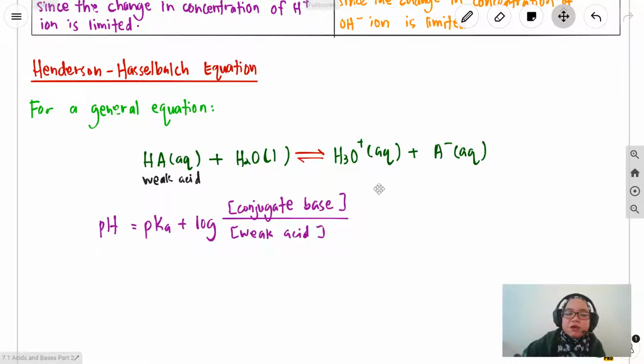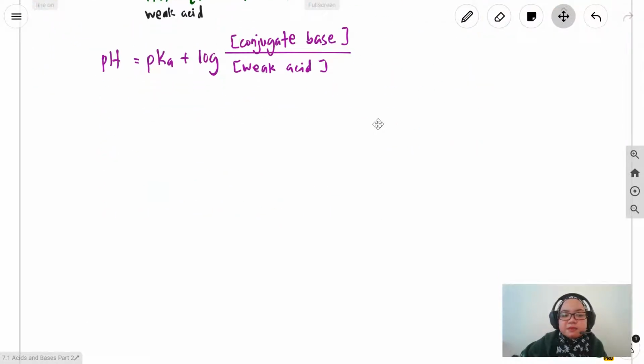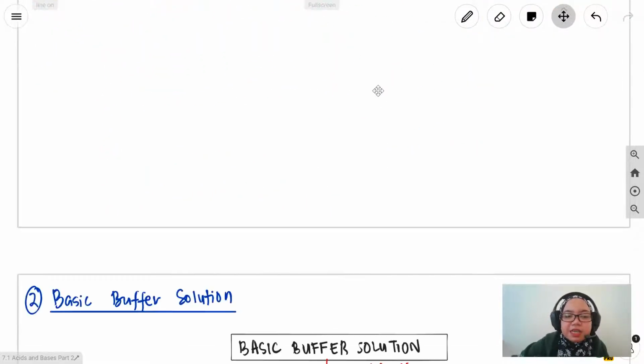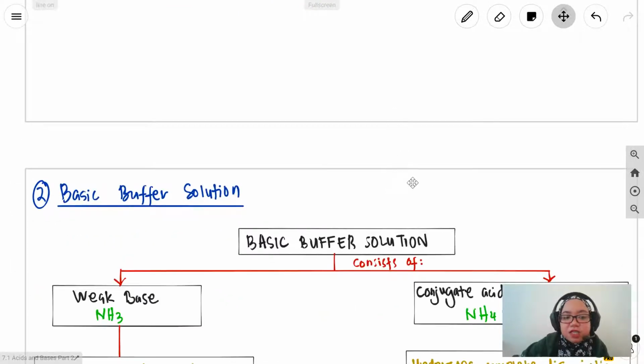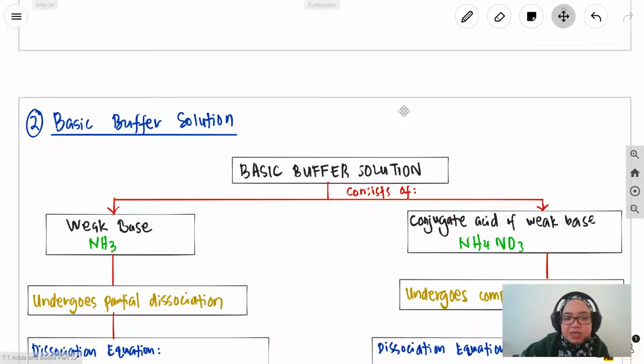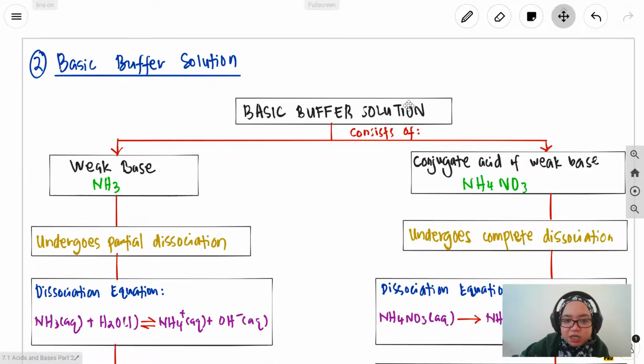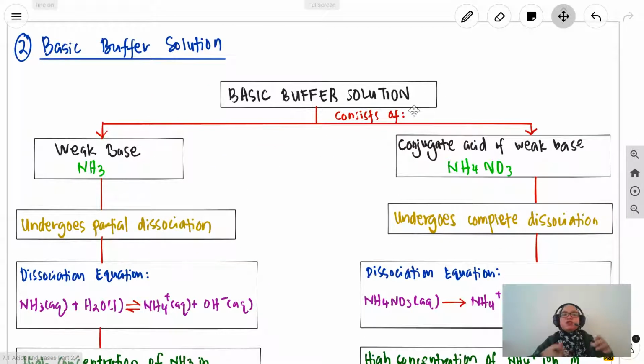Okay, next, we are going to look at the second type of buffer solution, which is the basic buffer solution. A basic buffer solution consists of a weak base and its conjugate acid. So now, for the example, we have NH3 as the weak base and the conjugate acid is NH4NO3.